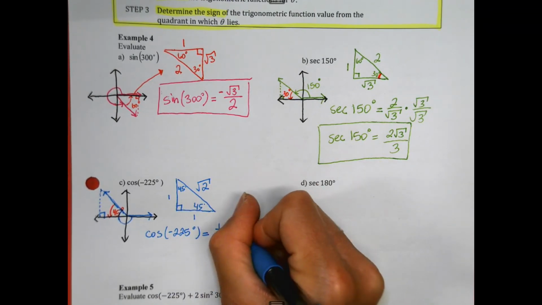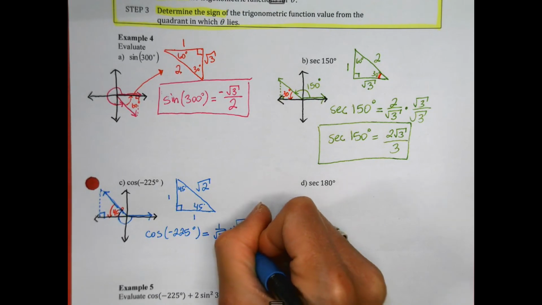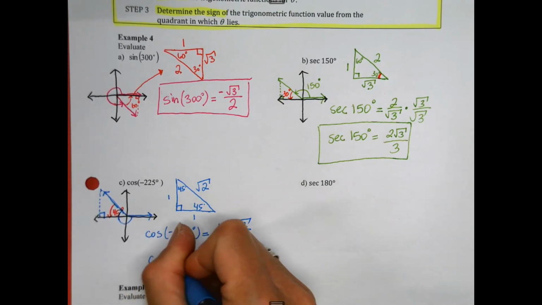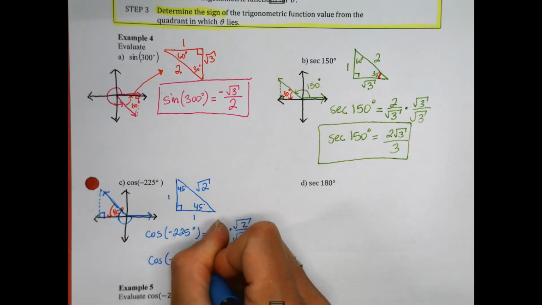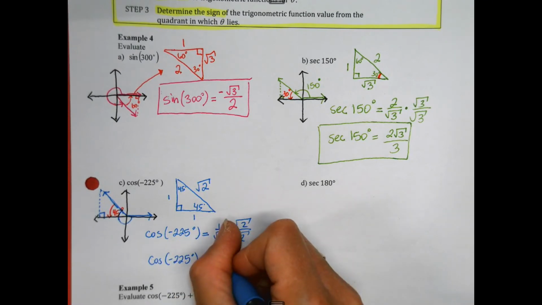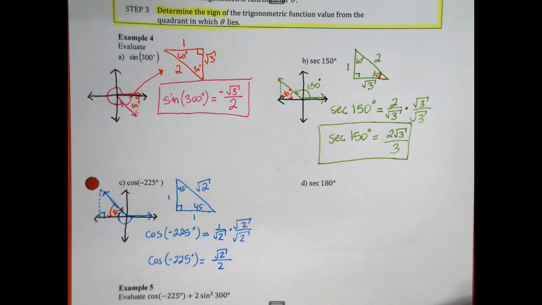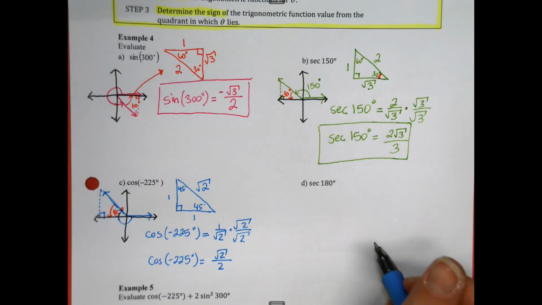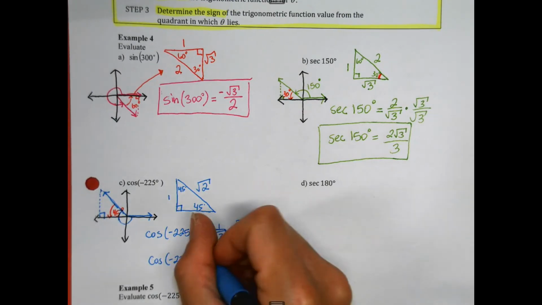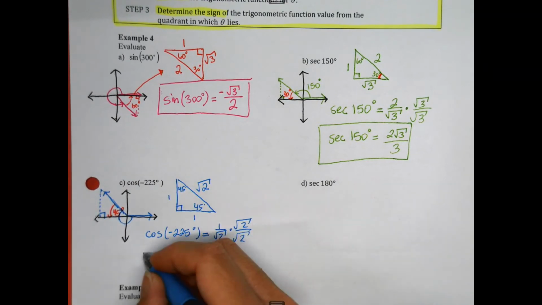So we need to rationalize. Therefore, the cosine of negative 225 degrees is going to be the square root of 2 over 2. And then we have to decide, is it going to be positive or is it going to be negative? In quadrant number 2, cosine is going to be negative. Therefore, we need to make it negative.